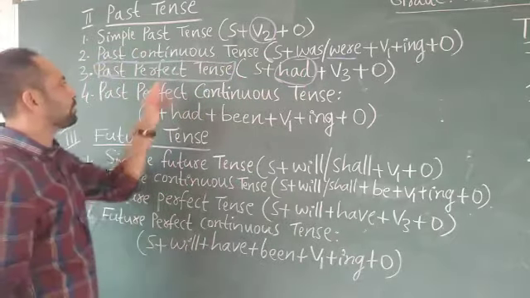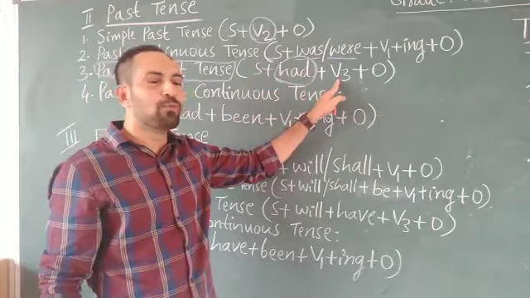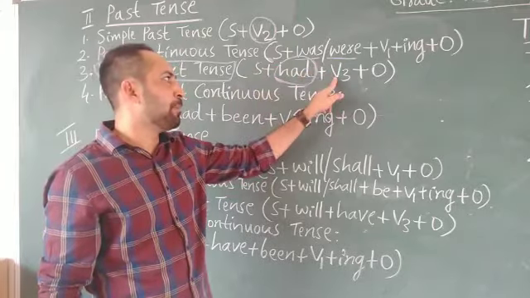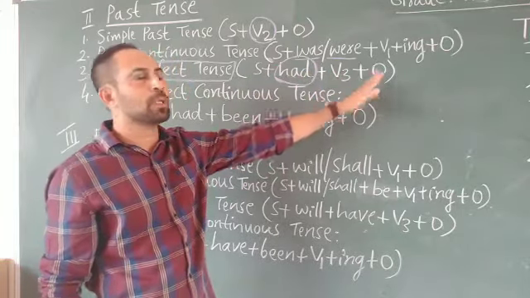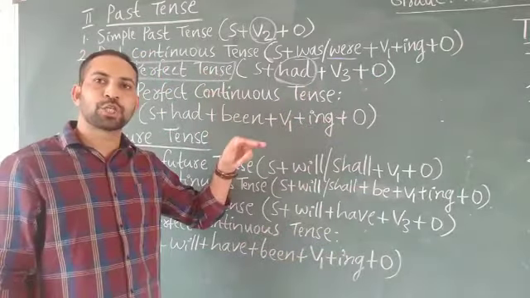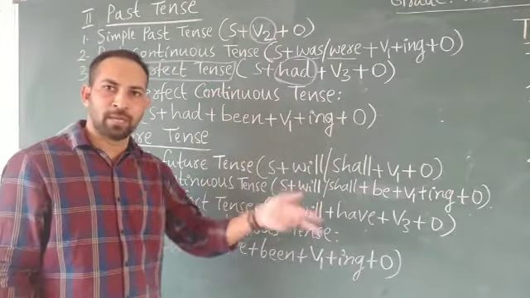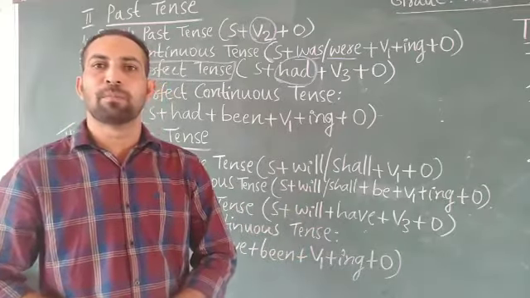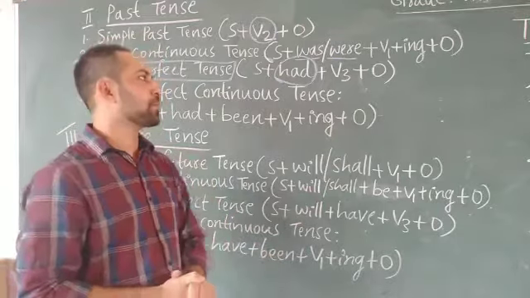In past perfect tense we use had plus V3 form of the verb. Example, I had studied English before I studied Tamil.